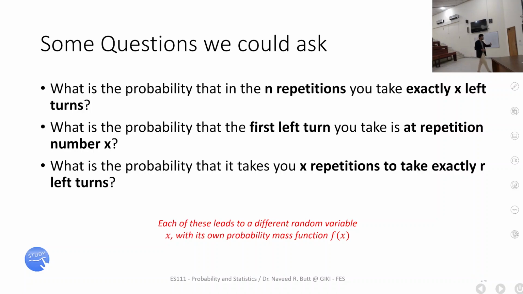Now, another question, what is the probability that it takes you x repetitions to take exactly r left turns? So this would be like saying, what's the probability that you will need to take 10 resistors for 6 of them to work? Yeah. So you can already imagine, actually this formulation is very powerful. It shows up a lot in random sampling, in testing, in working with things.